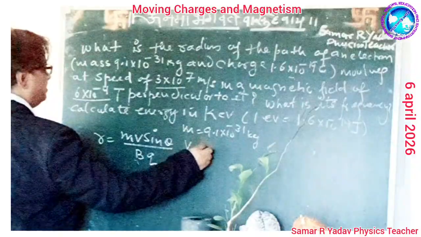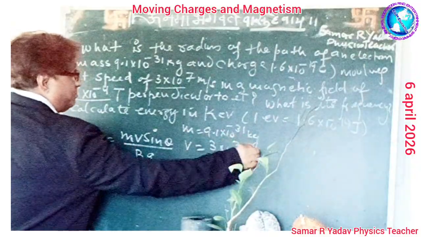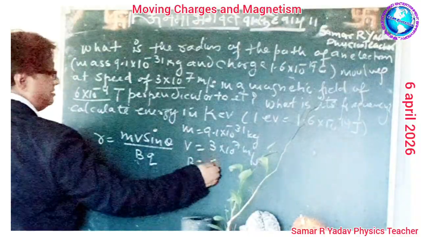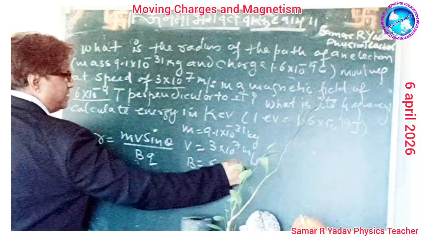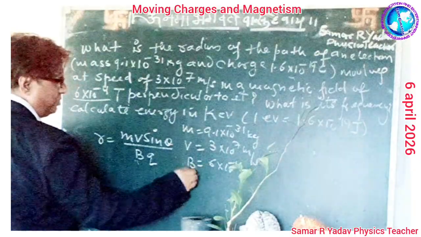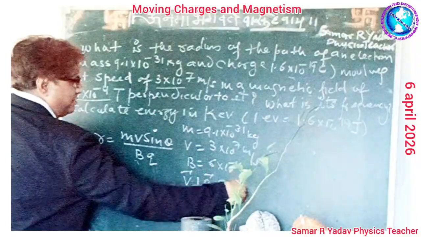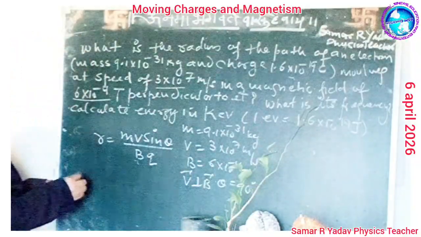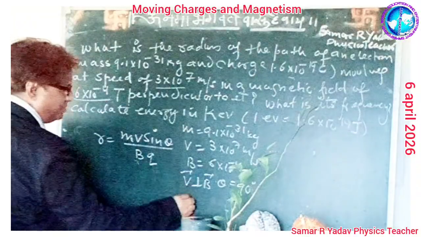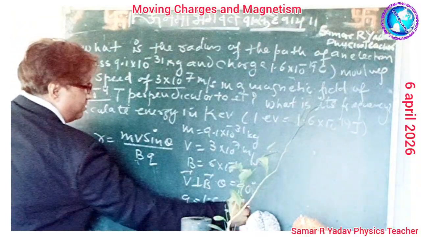V is given, that is 3 into 10 to the power 7 meter per second, and B is equal to 6 into 10 to the power minus 4 Tesla. Here V and B are both perpendicular, so theta is equal to 90 degree. Q is 1.6 into 10 to the power minus 19 coulomb.